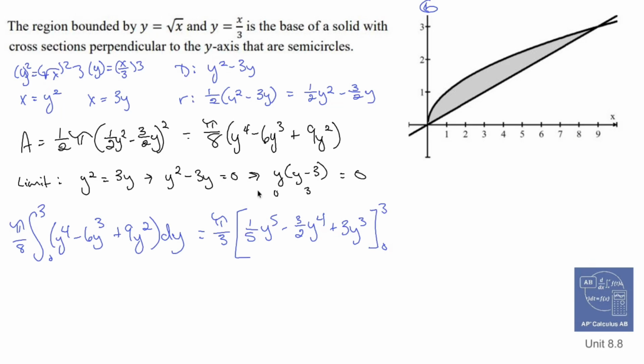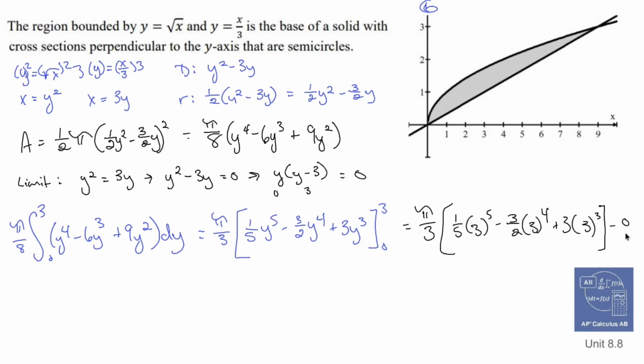All right, so we plug in the 3, pi over 8 times 1/5 times 3 to the 5th, minus 3 halves times 3 to the 4th, plus 3 times 3 to the 3rd. Now, common sense would tell me that when I plug in 0, everything becomes 0, so you get 0.